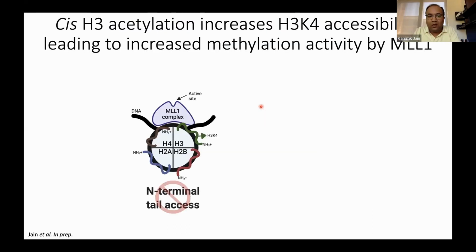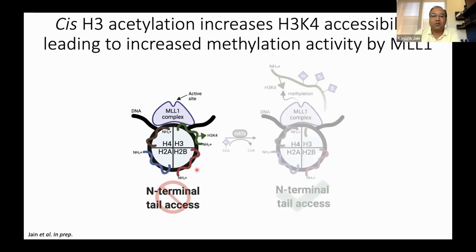And so the way I think this works is that the MLL1 complex itself is able to sit on these nucleosomes and stay there without any acetylation, and the tails are all collapsed onto the nucleosome core. But because they're collapsed, the active site doesn't have any access to the H3K4 residue itself. And so there's low levels of methylation.